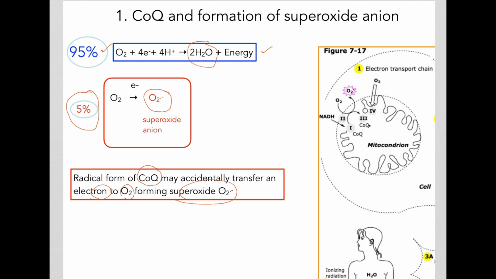So out of 100 molecules that go through this ETC-OxPhos, about 4 to 5 will become this free radical called superoxide. So this means free radical formation is part of energy generation.